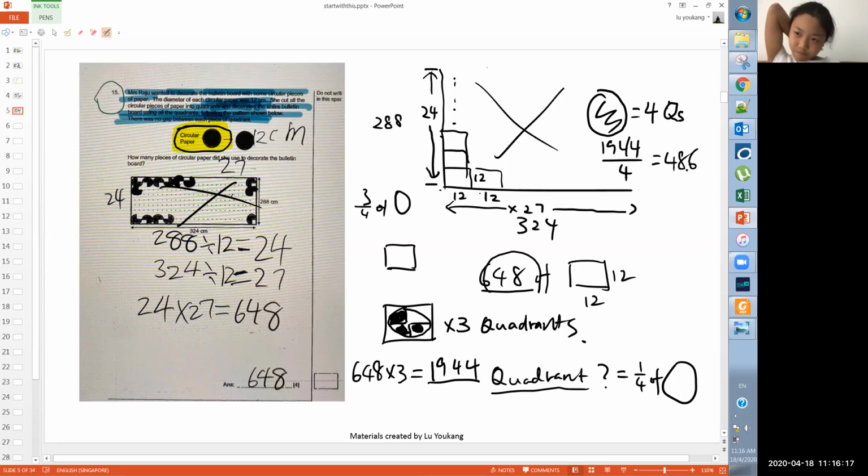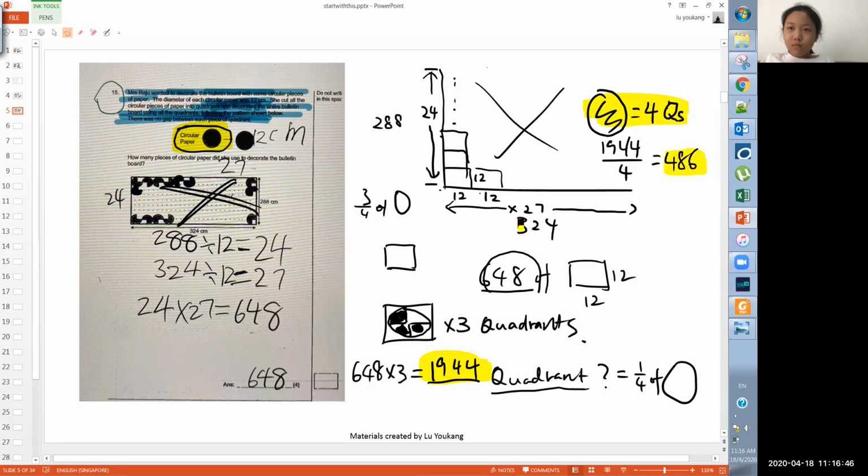Yes. So first thing first, you need to find out how many quadrants are here. The total number of quadrants is 1944. And then one piece of circular paper, you can have 4 quadrants, right? So therefore, you use 1944 divided by 4.